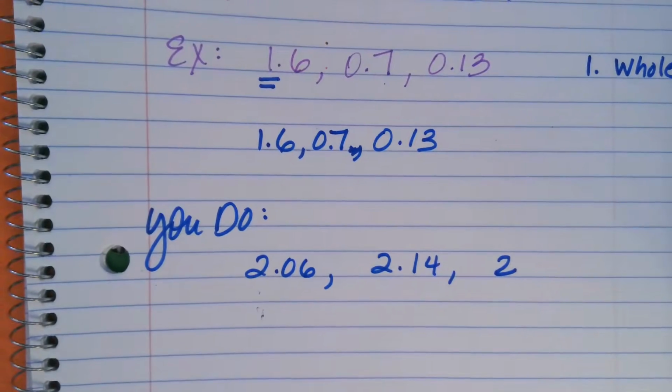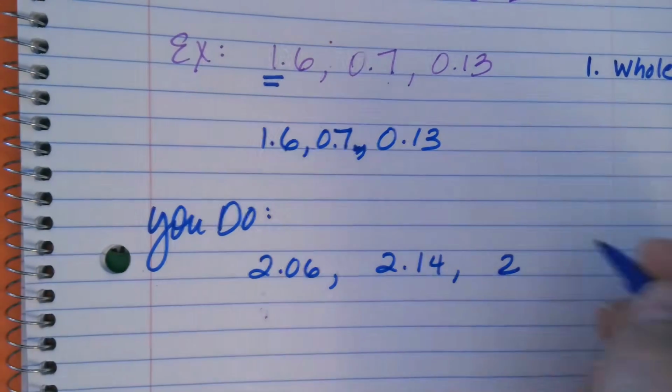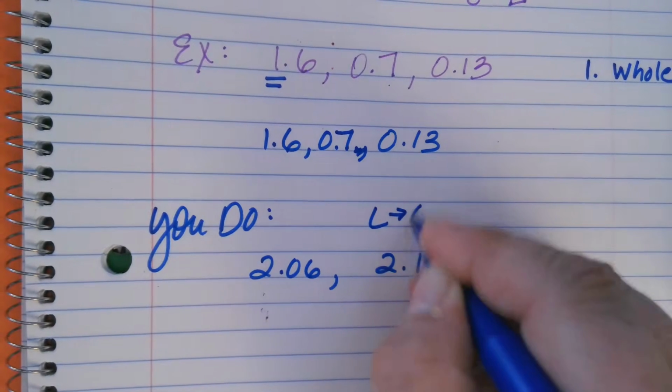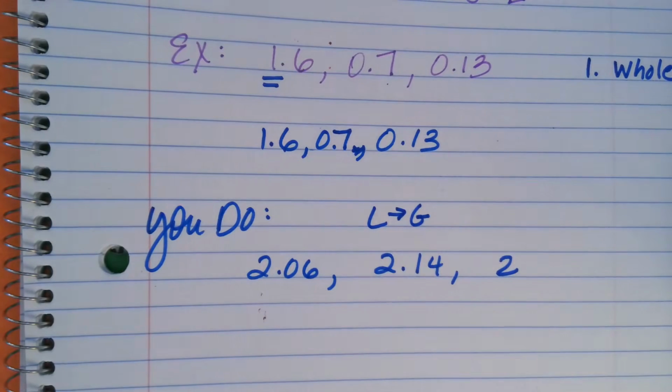All right, let's do these least to greatest. I'm just going to put that up here, least to greatest. You'll take a second, look at those, see what makes sense, and go from there.